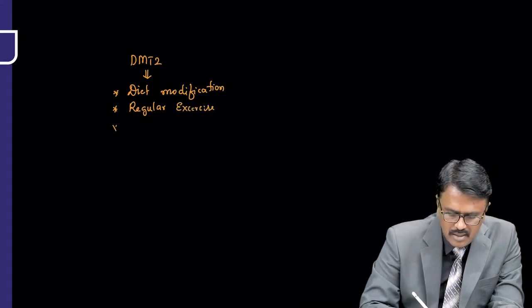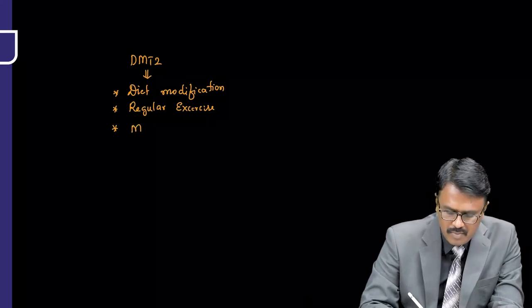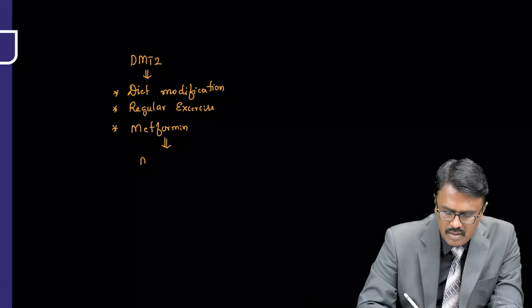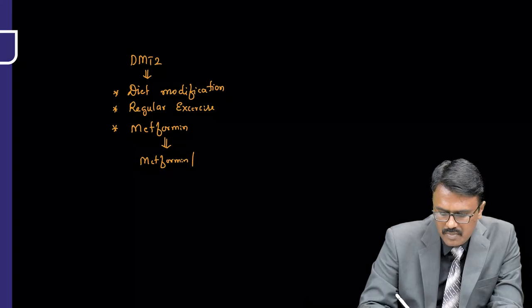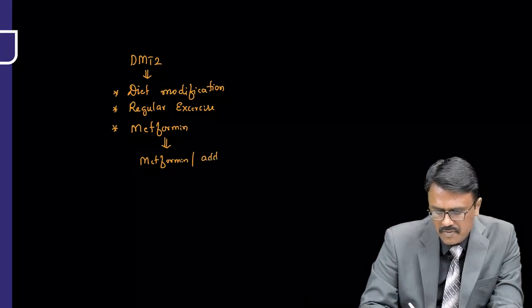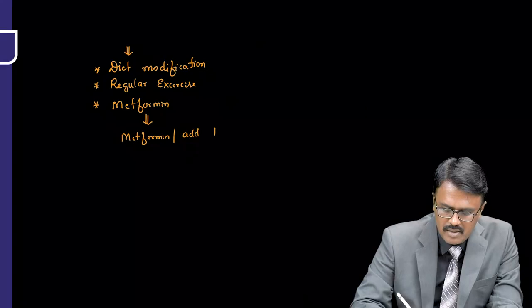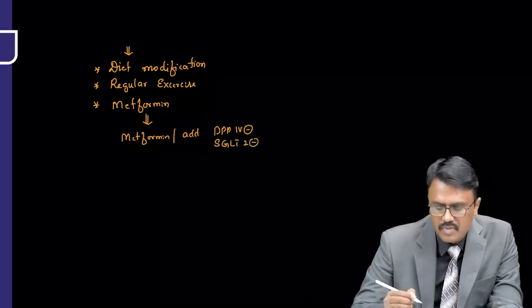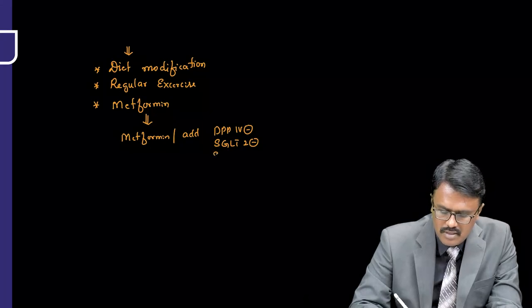The starting drug in diabetic patients is usually metformin. So we start with a single drug. If that is not getting controlled, along with metformin, we add another group of drugs. What are the other groups of drugs usually added? DPP4 inhibitors or SGLT2 inhibitors, right? Or the sulfonylureas are usually added.